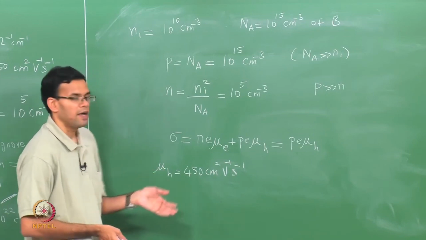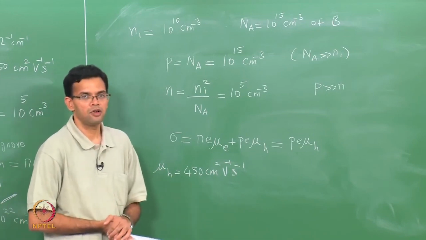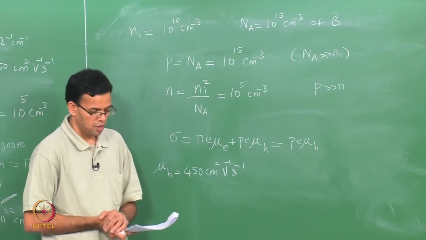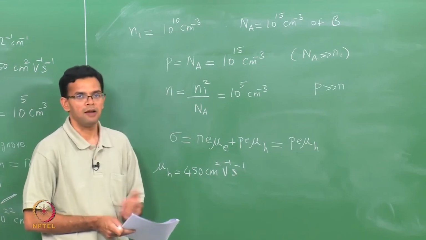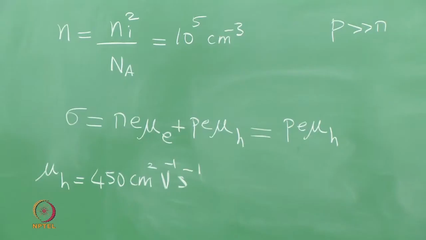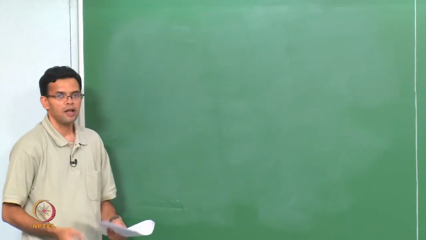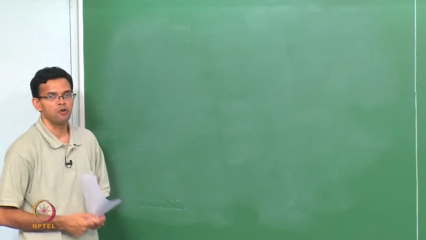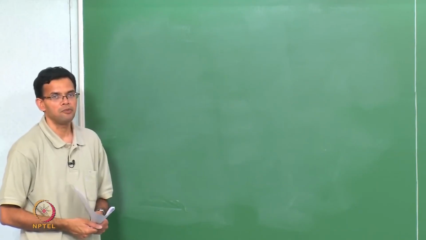So, we have looked at an N type dopant, we have looked at a p type dopant. Now, what will happen if we add both an N and a p type dopant together? So, we look at a situation where we have both the N type and the p type dopant.